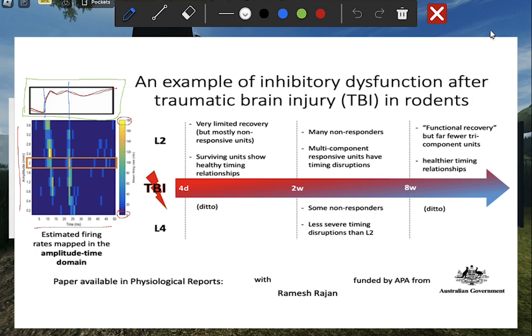And I won't go into all the details, but in general, you see a progression over a period of up to 8 or 12 weeks, which we looked at, where the timings and number of components in these responses change quite wildly compared to the healthy controls. And so we posit that this is mostly due to the functional role of inhibition, and you would otherwise not necessarily be looking at this sort of level of granularity.